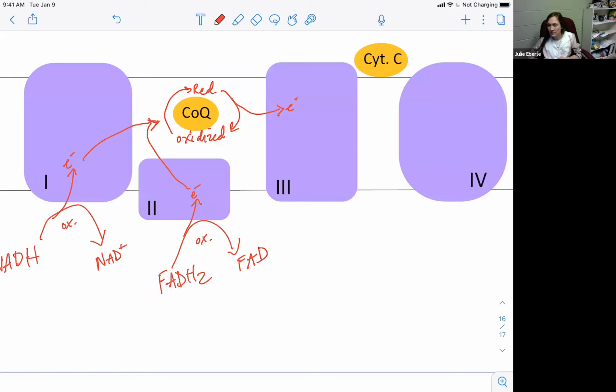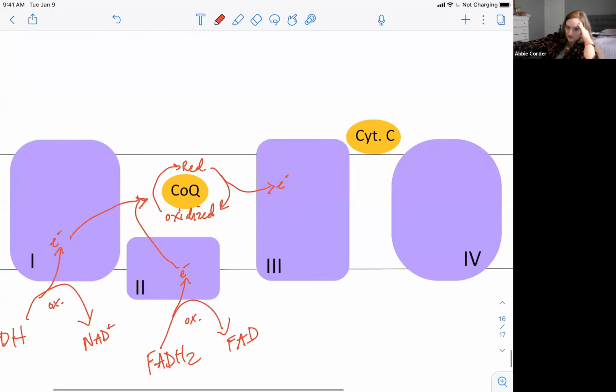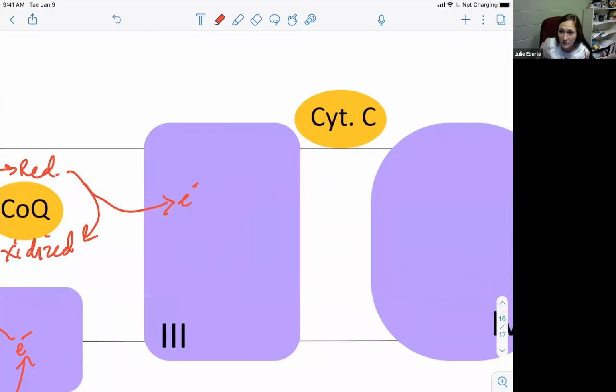Okay, what happens from here? The oxidized becomes reduced in the cytochrome C and passes on. Yep, and what atom was it specifically? Iron. Anybody remember the charge? 2 or 3.